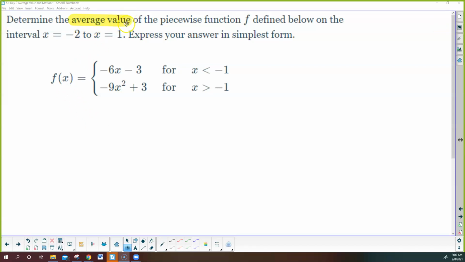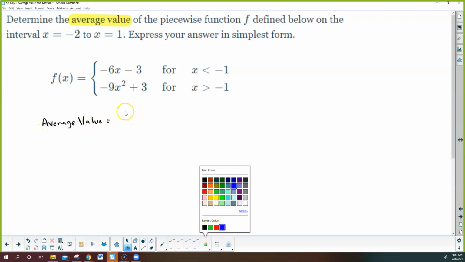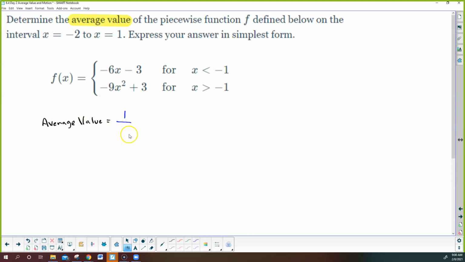So we have to find the average value given this piecewise function. I'm a big fan of just writing out what they want me to find. So when I see the words average value, I'm going to have 1 over b minus a.